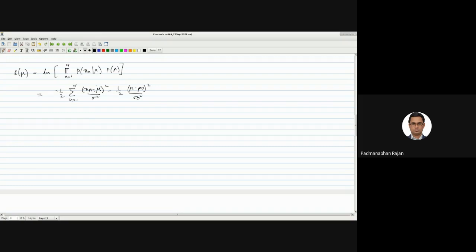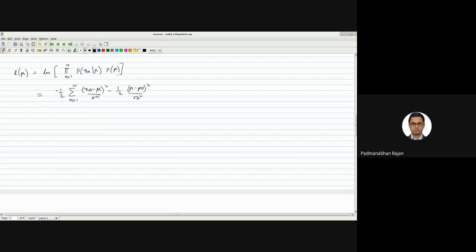The summation is only for the first term because it represents the likelihood of the entire data, and the second represents the prior of mu. There is only one mu; we don't have many observations of mu.